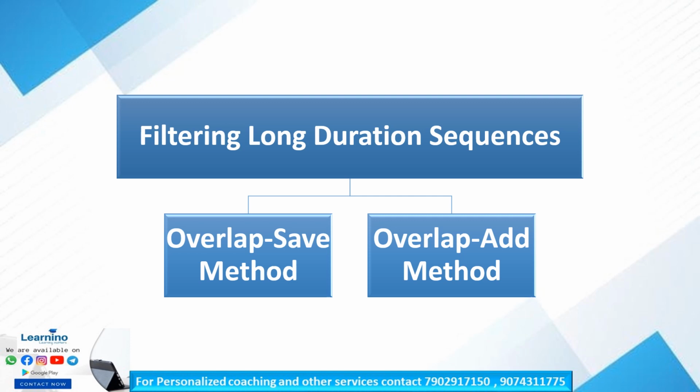As the length of the input sequence is large, it is not possible to store it all before performing the linear convolution. So in that case, the input sequence must be divided into blocks. Then the successive blocks are processed separately and the results are compiled together.